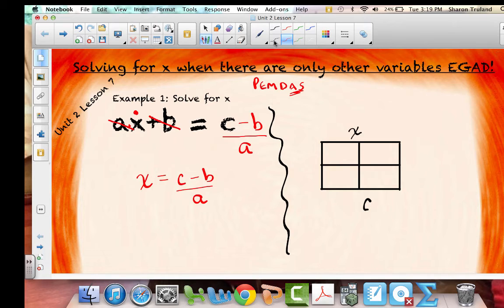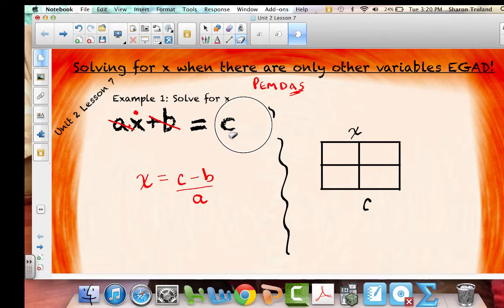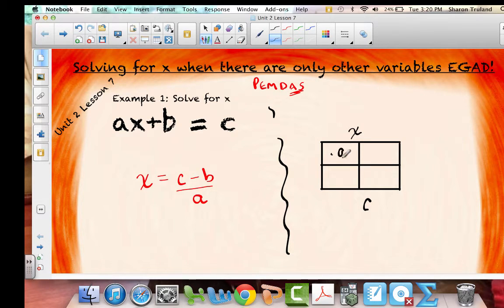Now I know you may be looking at this going, this is really weird, but it's very important we learn how to manipulate this for formula use later on. If you don't like this shortcut, you can always go back to the box. Okay, what happened to the x first? It got multiplied by a. Then we had a b added onto it, and that got us to c.